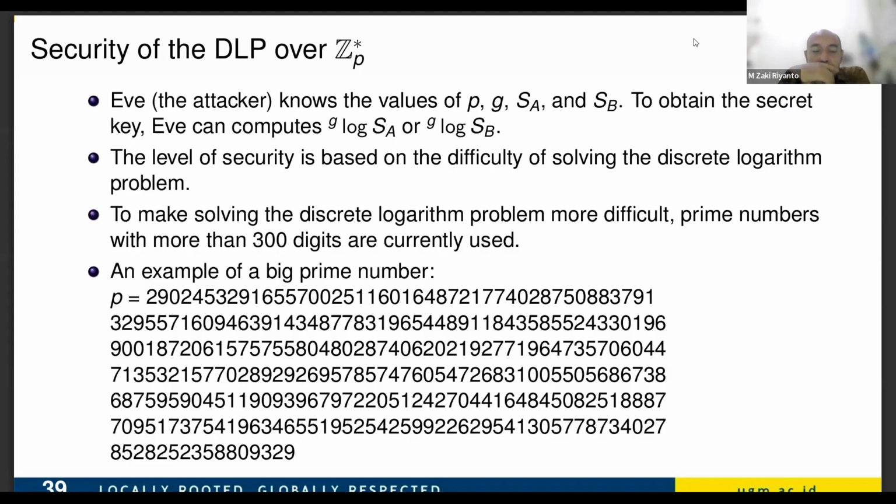To obtain the secret key, the attacker must compute the discrete logarithm of SA or SB with base G. So the security level of the Diffie-Hellman key exchange is the same as the difficulty of solving the discrete logarithm problem.